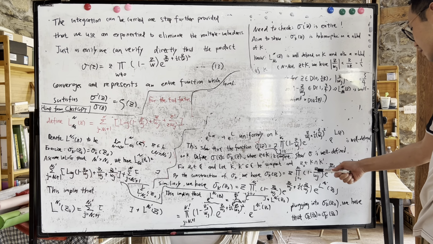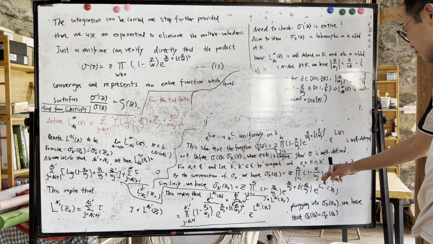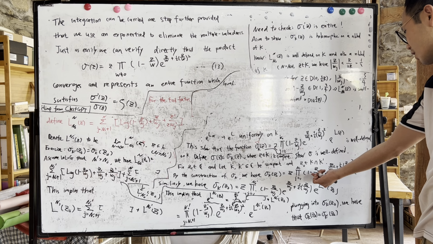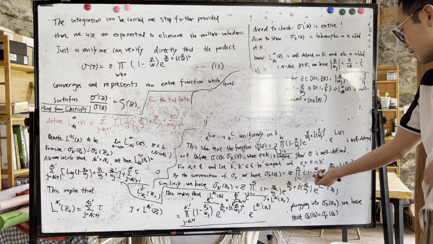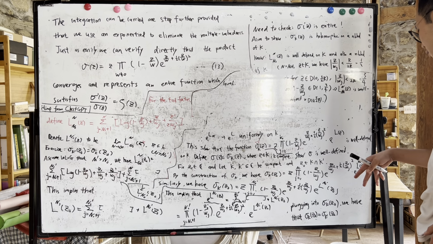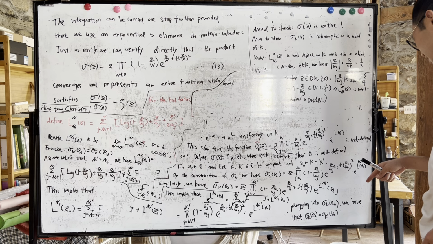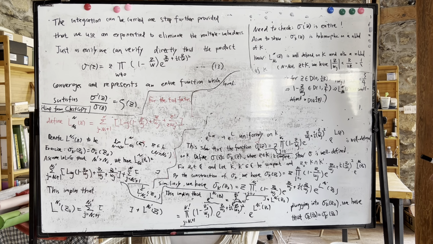Because there are only finitely many functions, each product is a holomorphic function, and the product of holomorphic functions is holomorphic. So I know that the combination of holomorphic functions is holomorphic.